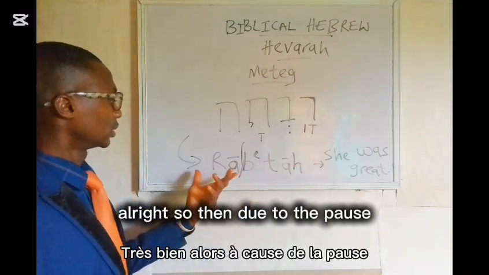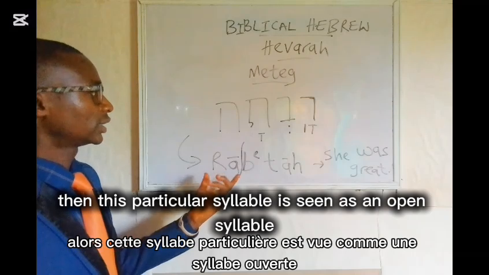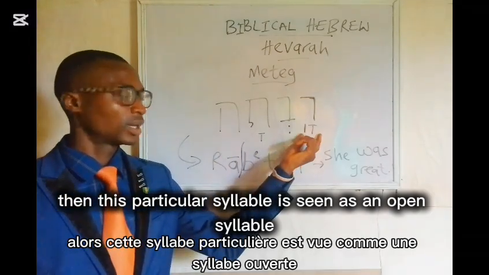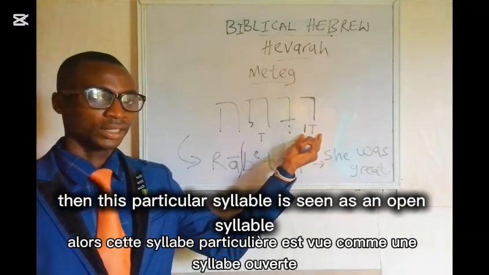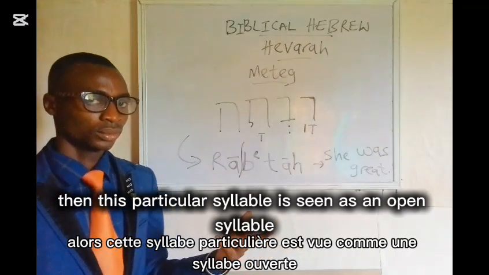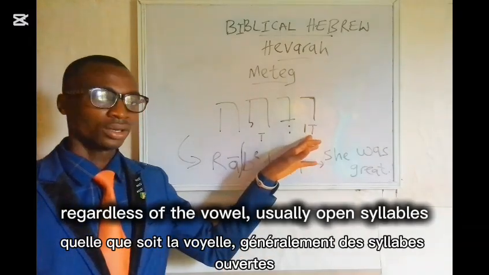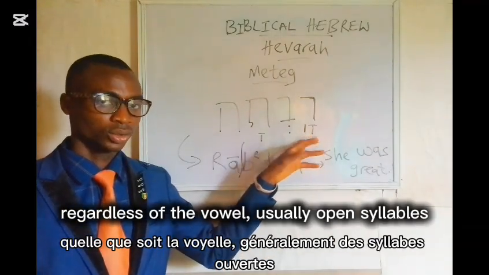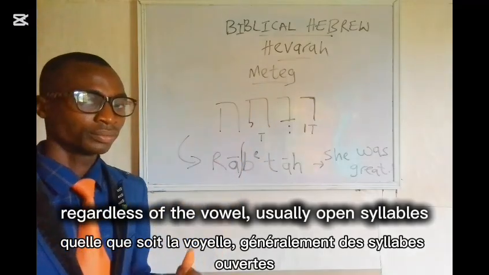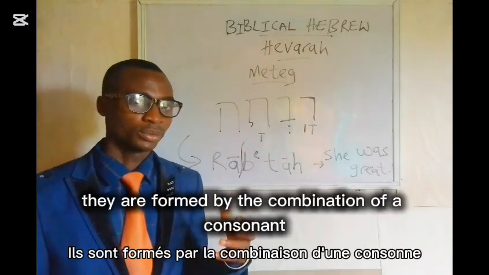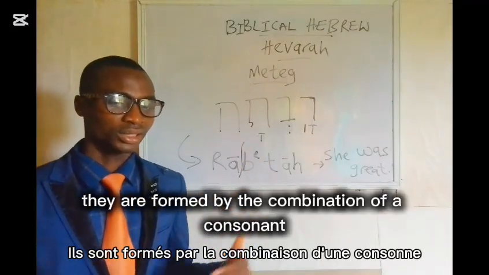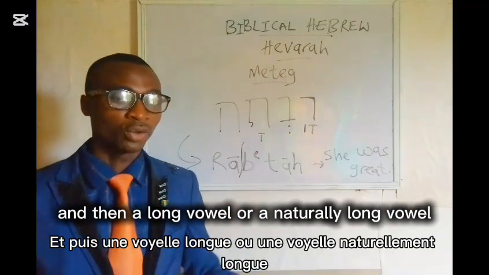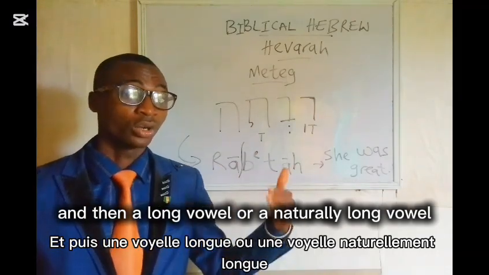Due to the pause, this particular syllable is seen as an open syllable, regardless of the vowel. Usually open syllables are formed by the combination of a consonant and then a long vowel or a naturally long vowel.